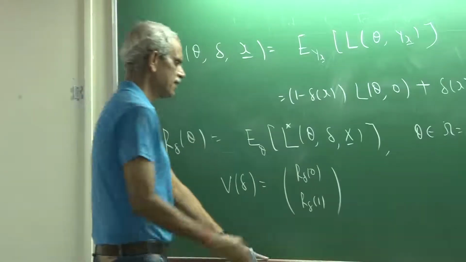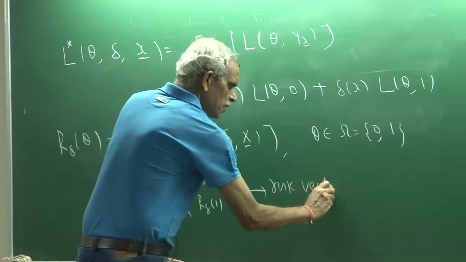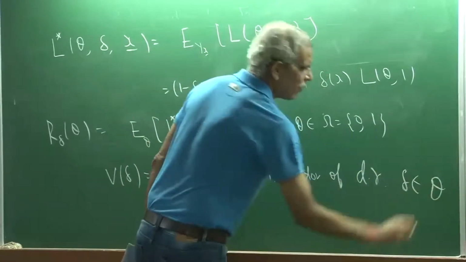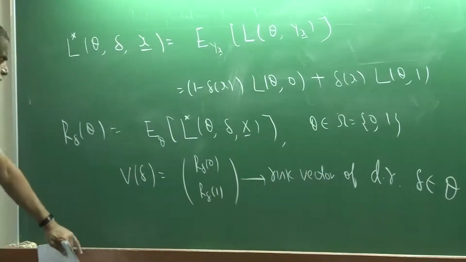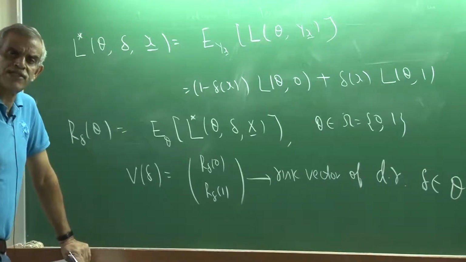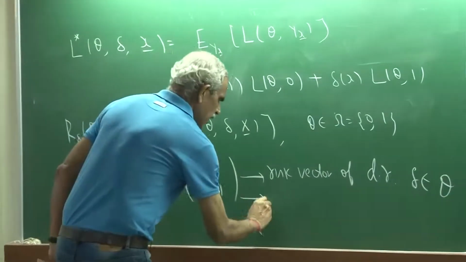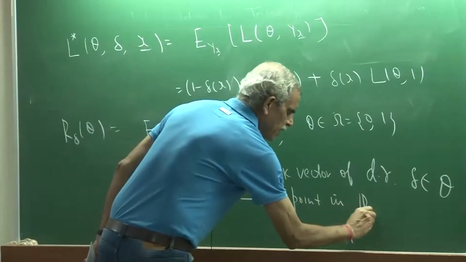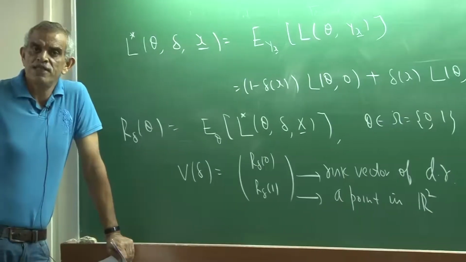So I call this the risk vector of decision rule delta, where delta belongs to script A. So what I see is, for any decision rule delta, when I talk about a risk, I can talk about a point in R2. So this is a point in 2-dimensional Euclidean space R2.